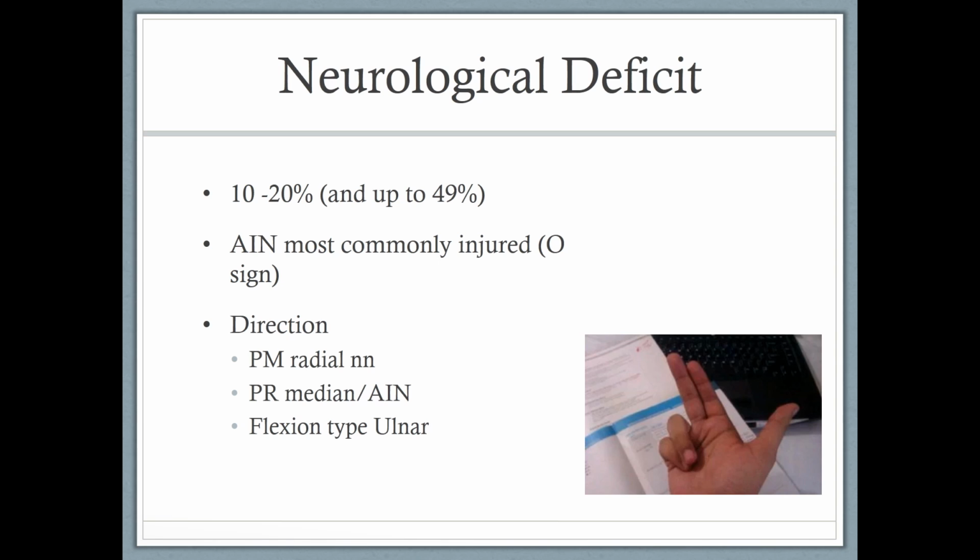The anterior interosseous nerve is the most commonly injured, so look for the O sign. And then bear in mind that the direction of the fragments may point to what nerve would be injured. So your posteromedial, commonly the radial nerve, posterolateral, the median, and the flexion type, often the ulnar nerve.